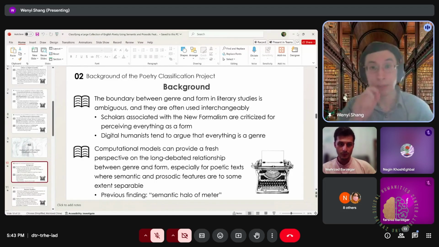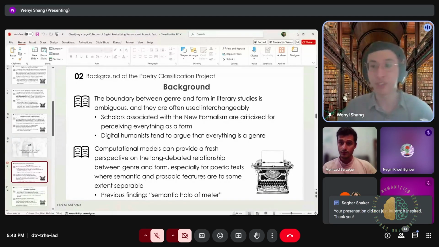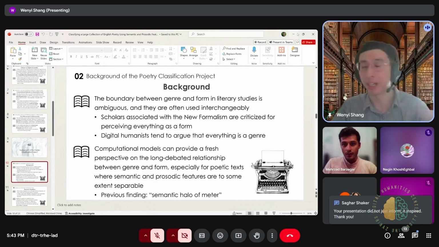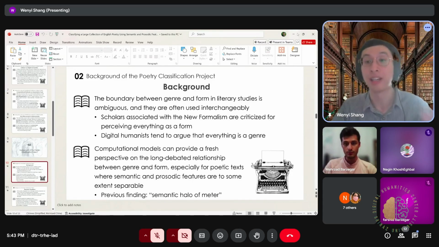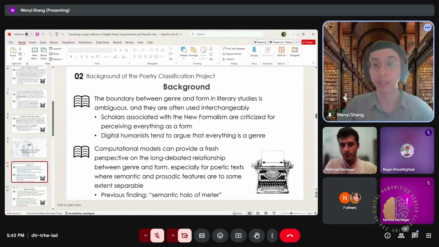In that project, I think it's Dr. Artem Shila, who works with the Czech Institute of Literature, investigated a large collection of European poems across linguistic boundaries, analyzing Russian, English, and German poems. And he found that there's a semantic halo in all these cases. For poems across different languages, the meters they're using and the words they're using are associated.